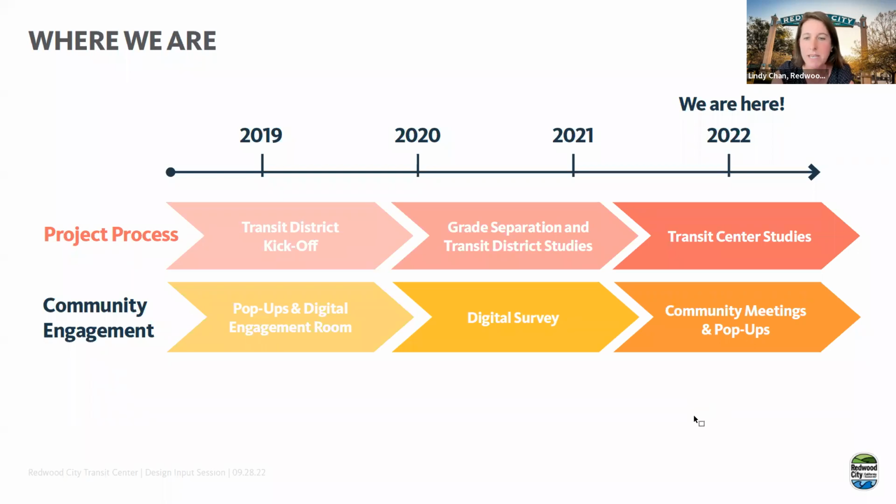During this time, the city has also completed technical work and multiple rounds of outreach on grade separations. We've used this information to narrow down the number of alternatives and options at our 6 grade crossings. Today, we're here to focus on the transit center. That's Redwood City's bus depot and train station, with the goal of developing a conceptual design with ground floor activation, open space for gathering, and landscaping, which is consistent with the feedback that we've heard to date. Next slide, please.